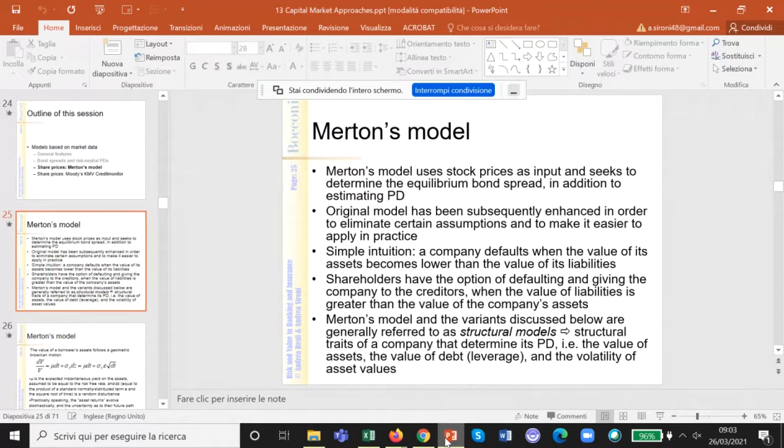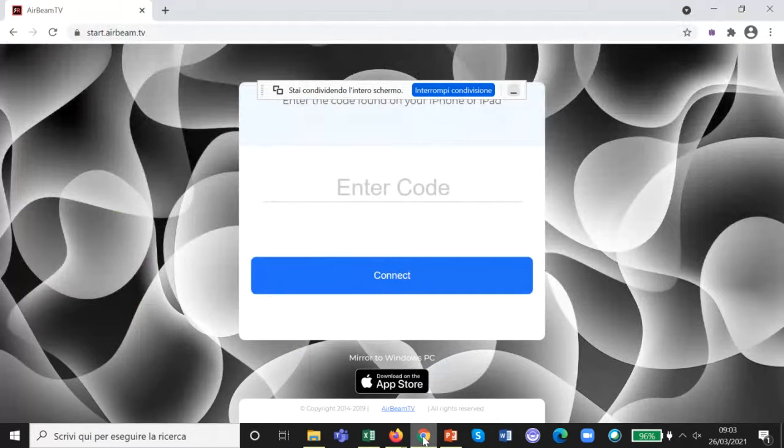So the Merton model is, in some way, the intuition is very simple, right? Let me reestablish the share screen.